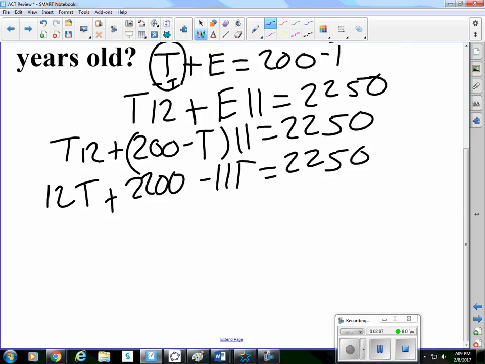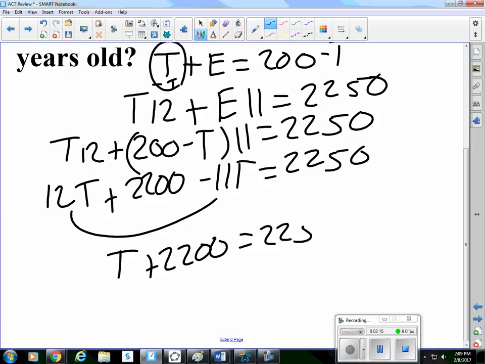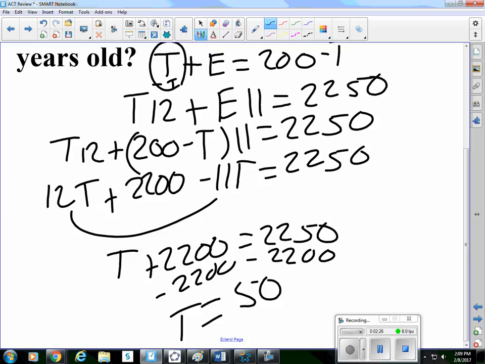Then 12t minus 11t is just 1t. So if I subtract the 2,200, then I have, well, the number of 12-year-olds is 50.